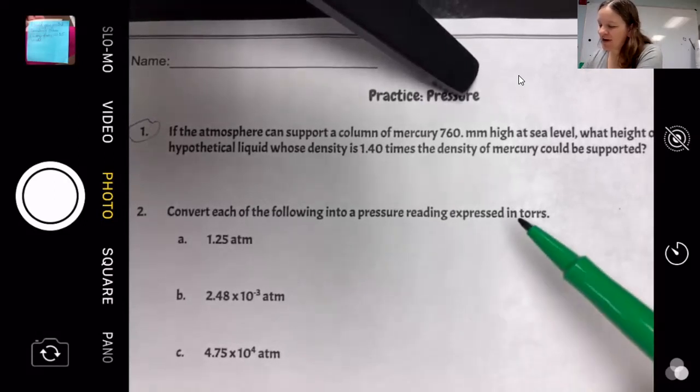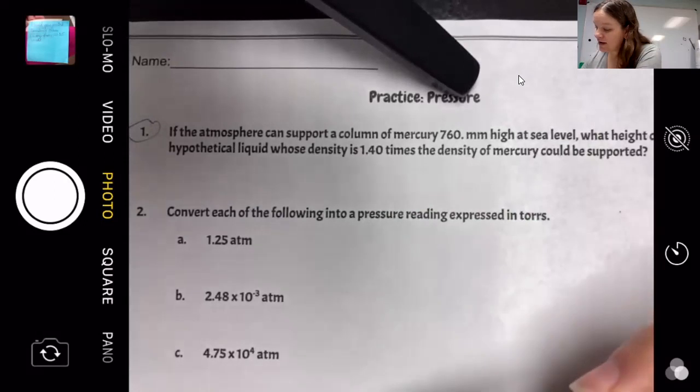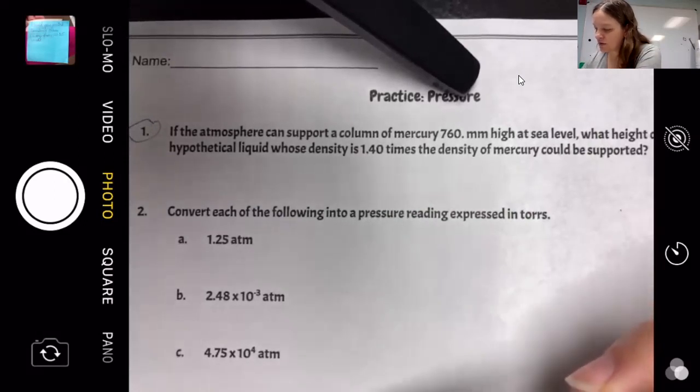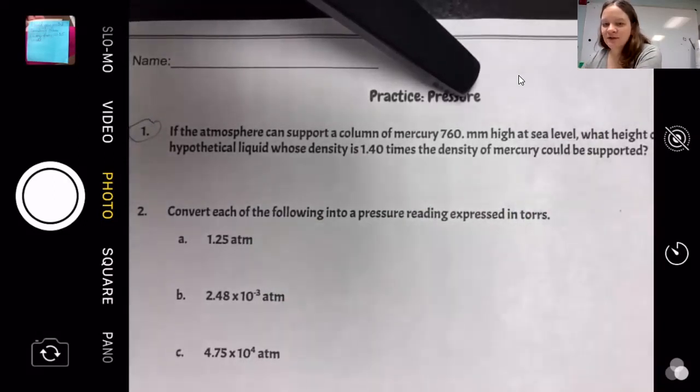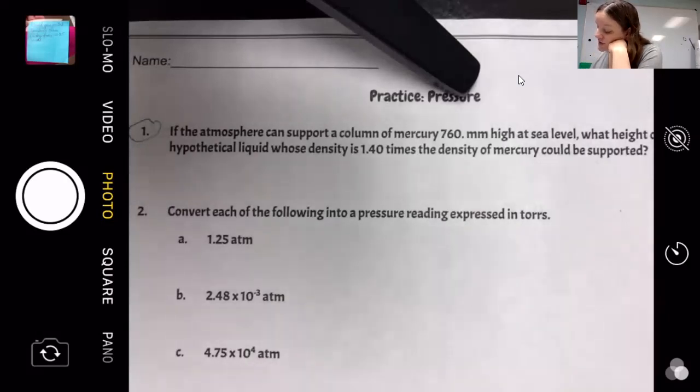Do what you can with that one. And then we're converting here. You're converting atmospheres to torrs, which is the same process as converting to millimeters of mercury. Number 3 is again asking you to do some more conversions. And then 4 and 5 are partial pressures.